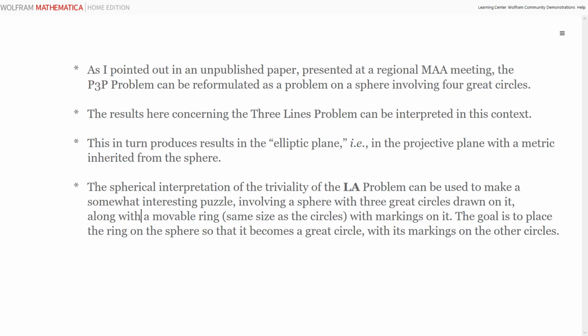You also have a movable ring the same size as the circles, and it has markings on it. There are some restrictions on the markings, but let's not go there. It's not a big restriction. The goal of the puzzle is to place the ring on the sphere so that the ring becomes a great circle and the markings line up with the circles, so the markings fall on the other circles. I will not get into detail here.